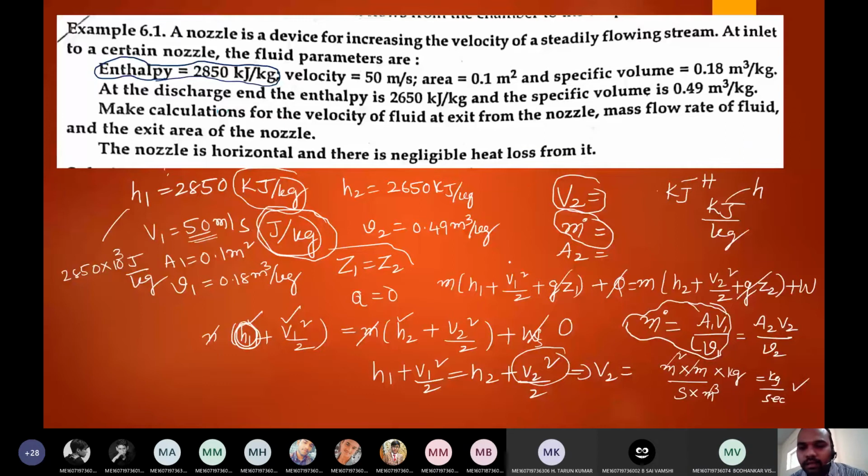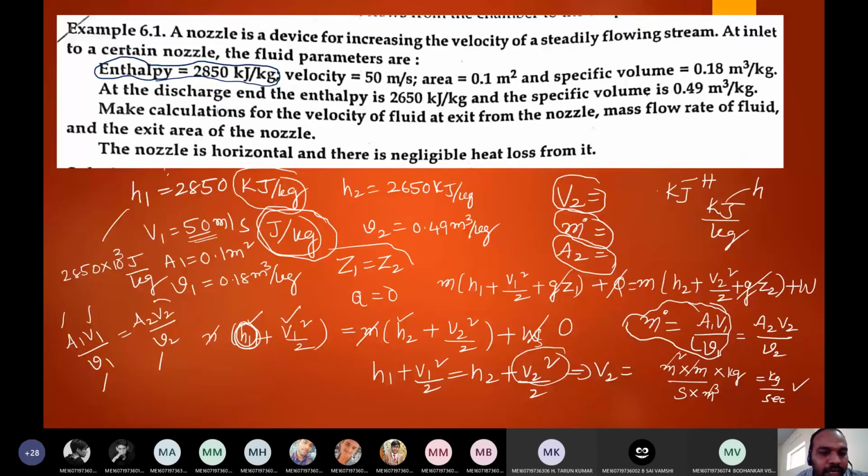Finally, he is asking the area at exit. For that, we are using this equation only. So I'm rewriting that equation: A1 V1 by small v1 is equal to A2 V2 by small v2. What is the continuity equation? According to the continuity equation, mass flow rate is always constant. Mass flow at inlet should be equal to mass flow at the outlet. The discharge is always constant. So area 1 is known, V1 is known, specific volume at inlet is known, and specific volume at outlet is also given.